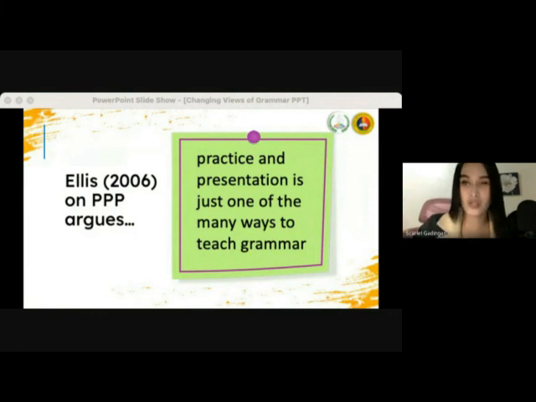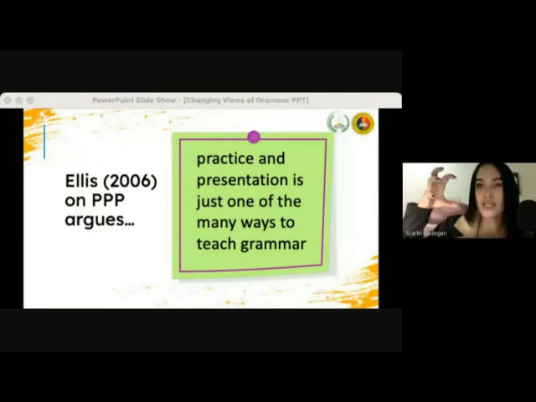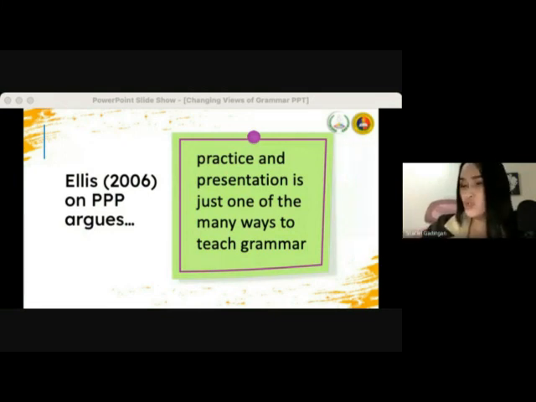And it was mentioned earlier by Michael that it's somewhat routinary or somewhat very planned. Okay, it's very planned because there is only one framework that they follow. You present the structure, and then you have practice activities, and then you have the production.